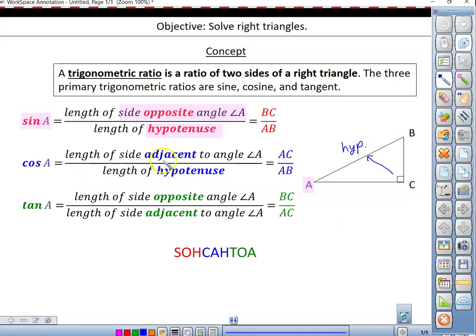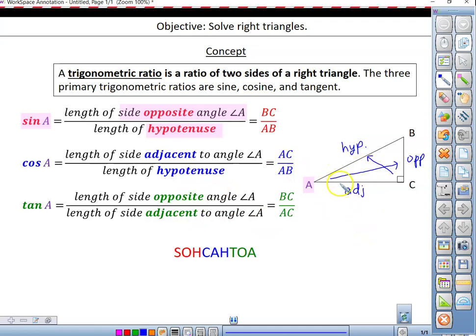Cosine is the side adjacent or next to angle A, which would be this side here, over the hypotenuse, and the tangent of our angle A is the side opposite angle A, which means across the triangle from angle A, divided by the side adjacent.